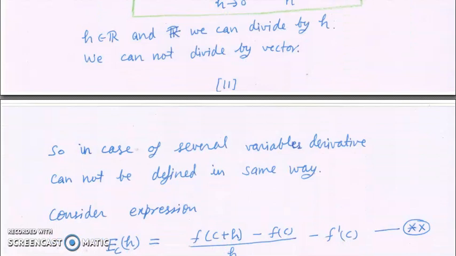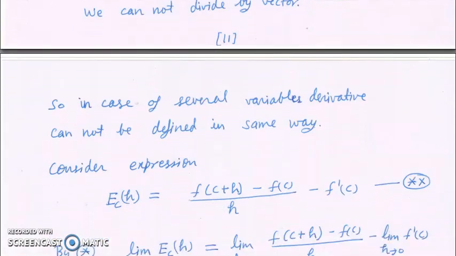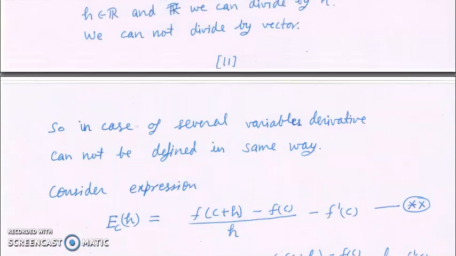Now consider a new function E(h). I am introducing a function E(h): f of c plus h minus f c upon h minus f dash c. So what is f? F is a single variable function.